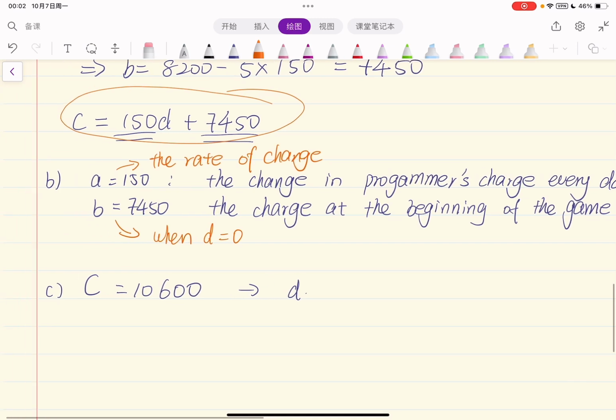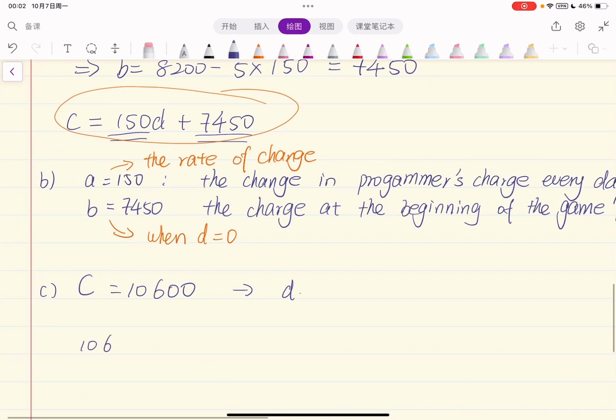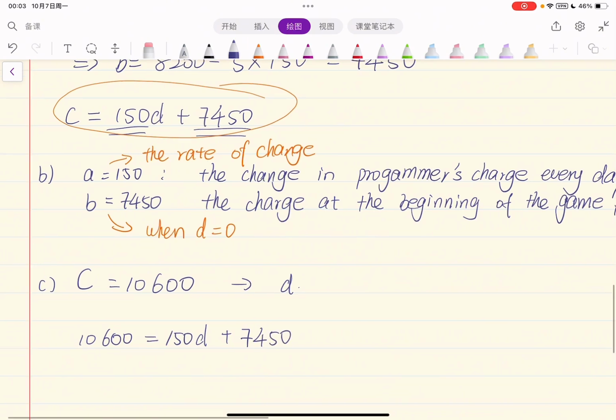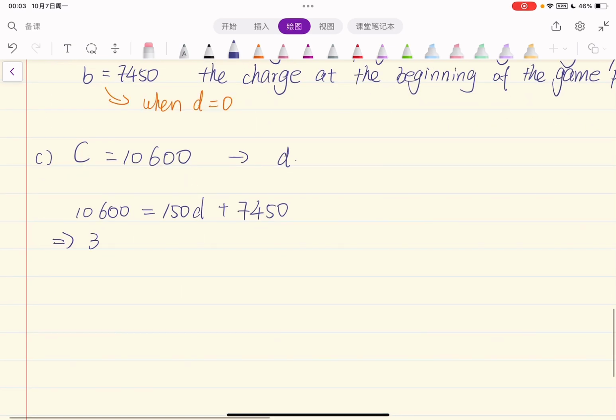What do we have? We have 10,600 equals 150D plus 7,450. We rearrange that. We have 3,150 equals 150D. Thus, D equals 21.